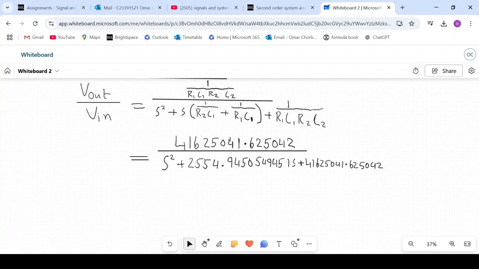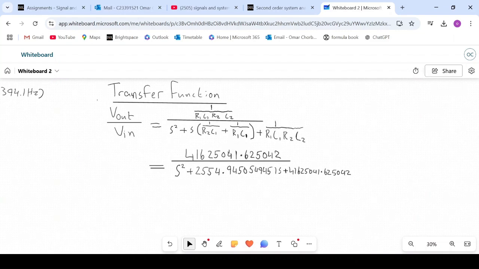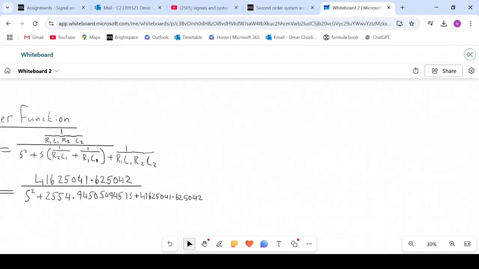So after we've figured out the transfer function, we can move on to finding the B and A coefficients. The numerator will be B, and the denominator will be A. I'll just label it out here.